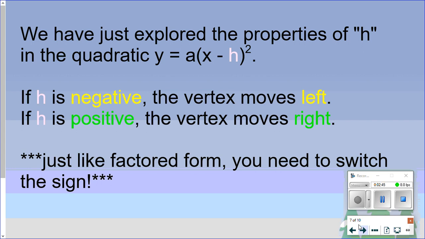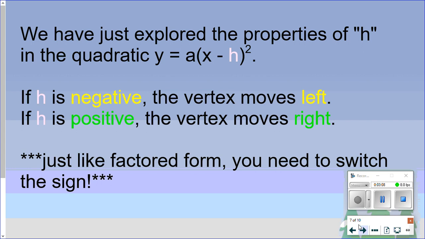Now, this is a little confusing because we're just talking about h. When we're bringing it out of the equation, we have to change the sign. So what I've written is technically correct, assuming we're looking at h only. As soon as we take into account what the point is going to look like, we have to change that sign.